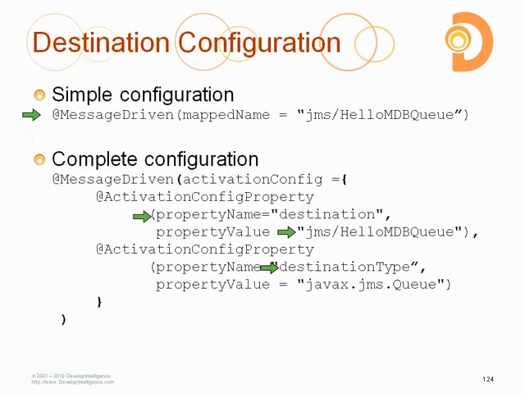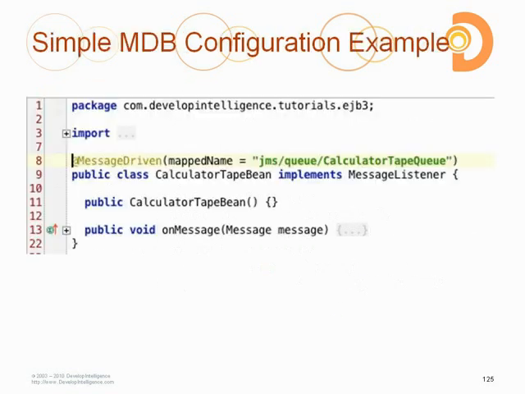The advantage of the second scenario over the first is that if the physical destination JMS hello MDB queue was actually a topic instead of a queue, the MDB would not be associated as a message endpoint. So that's the advantage, but it's also the disadvantage, right? Because if somebody misconfigured it, the first scenario doesn't matter if it's a queue or a topic, the MDB is always going to be mapped to that endpoint. So I have more or less control depending on what I'm trying to do.